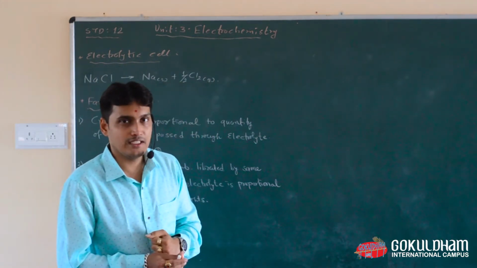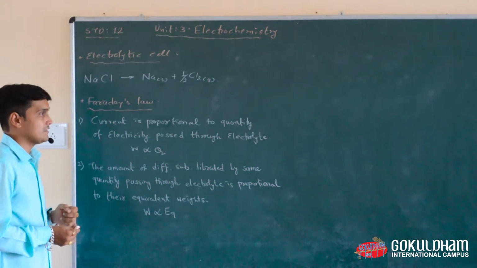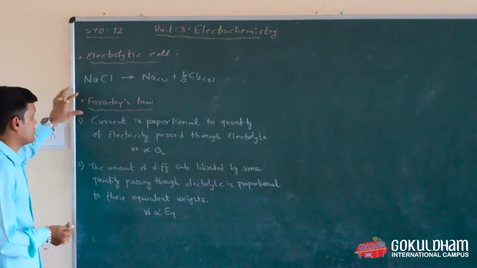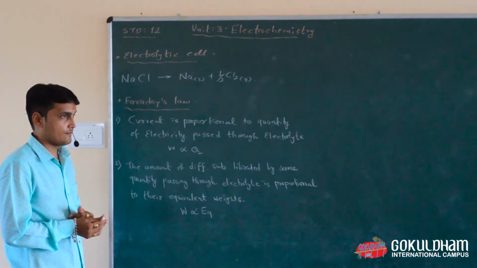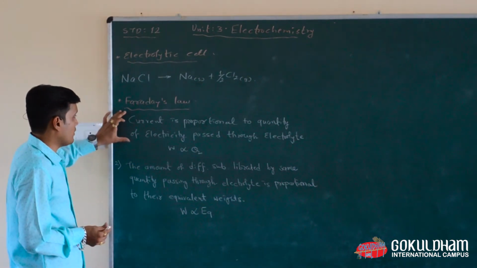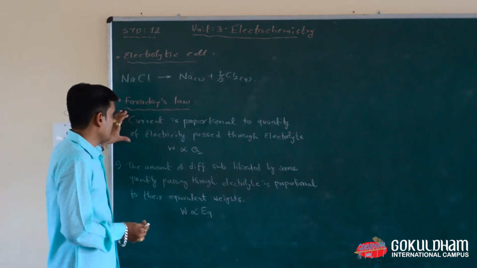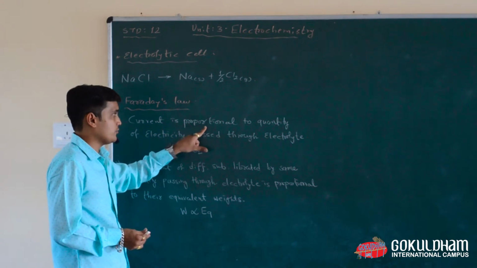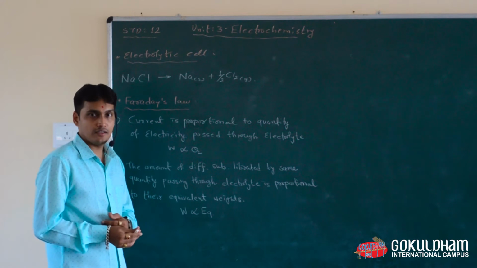In the electrolytic cell, one scientist named Michael Faraday gave two rules about the quantity of current. The first rule of Faraday is that in electrolytic processes, the amount of product is directly proportional to the quantity of electricity passed through the electrolyte.